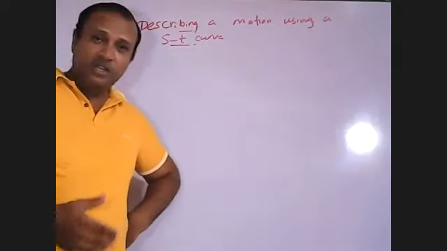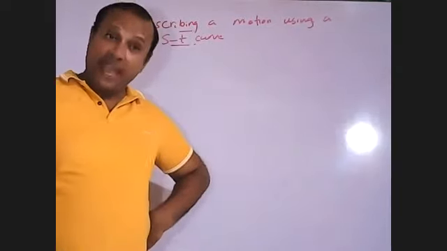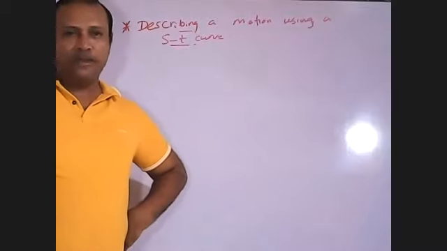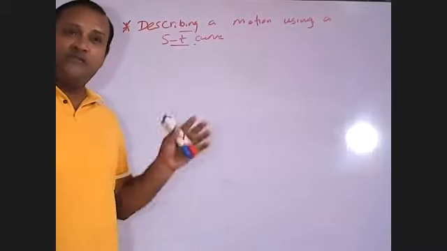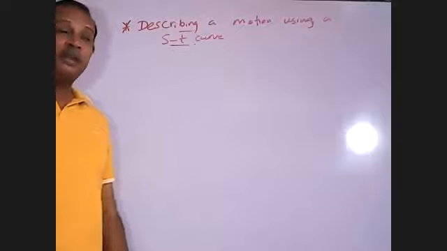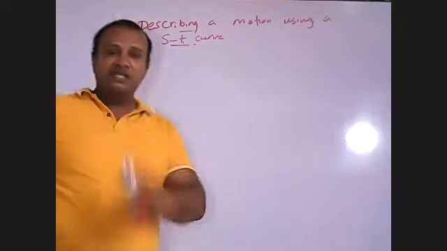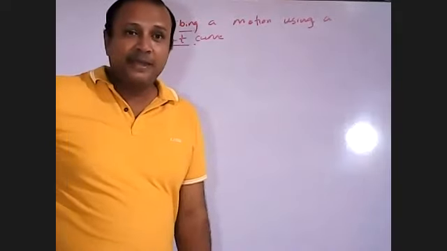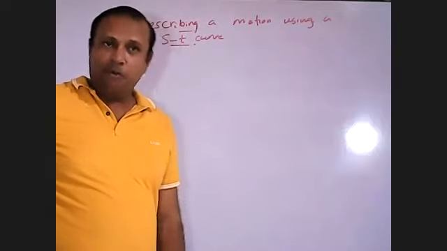The current position, the moving direction and the way of moving. Those are the three factors that you have to determine when you are describing a motion.